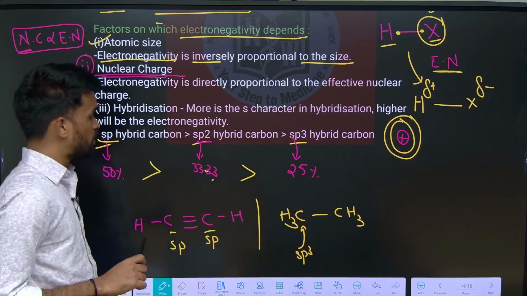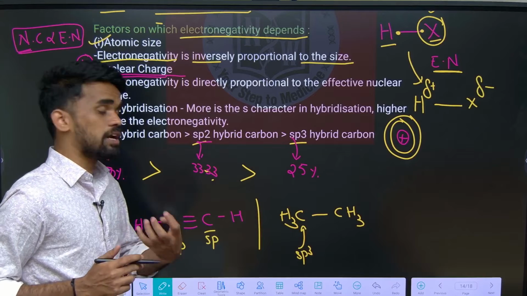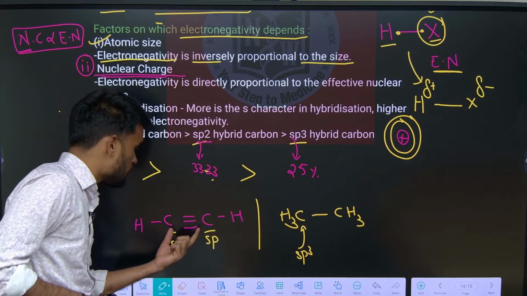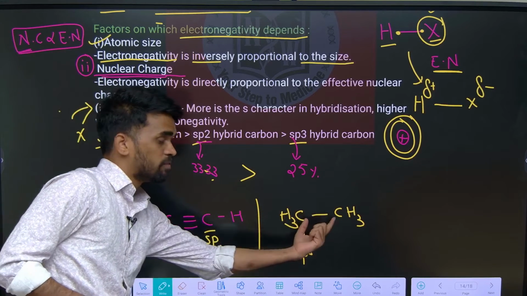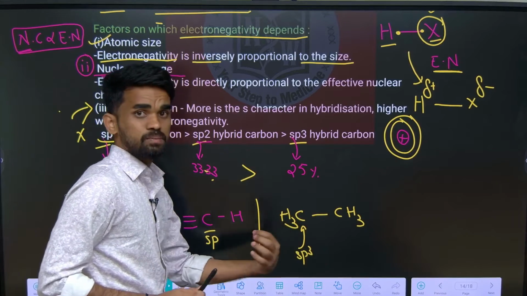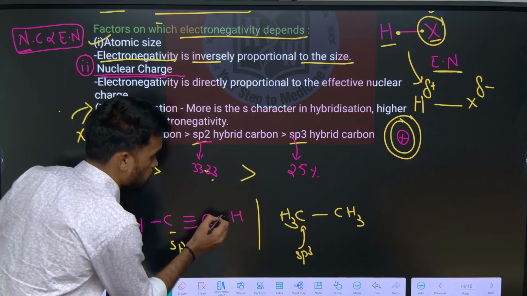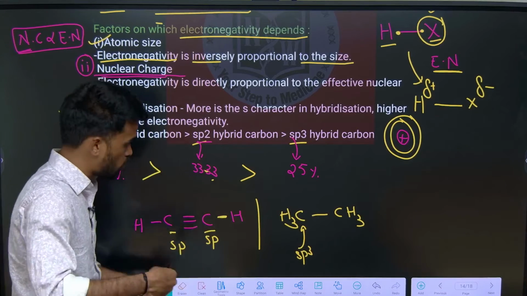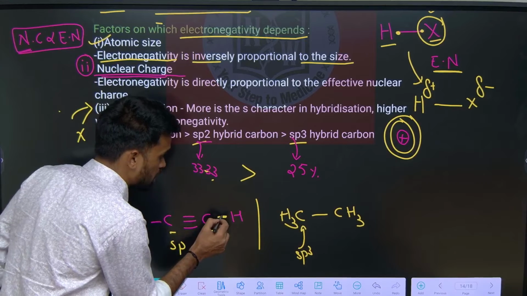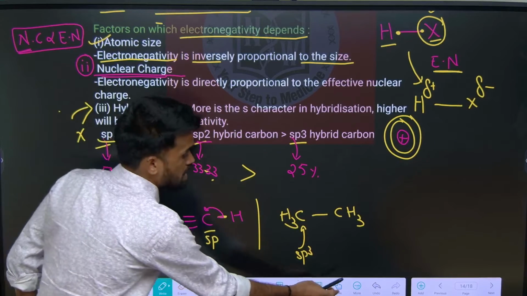Now tell me which carbon atoms are showing more electronegativity. These two carbons are having more electronegativity when we compare with these two, because these are sp hybridized, this is sp3 hybridized. Since these are more electronegative, they can polarize this bond very easily or more effectively, and they will drag this bond towards themselves and create more acidic nature.